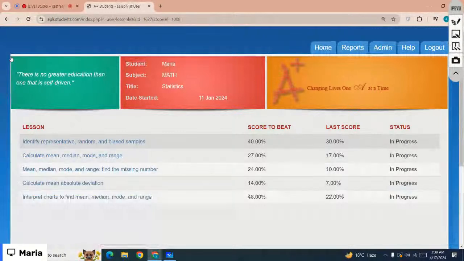The lessons we have covered today are identify representative, random and biased samples, calculate mean, median, mode and range, find the missing number, calculate mean absolute deviation. So please make sure before the next session you complete all the practice questions for the lessons we did today. That is your homework until next session, right?